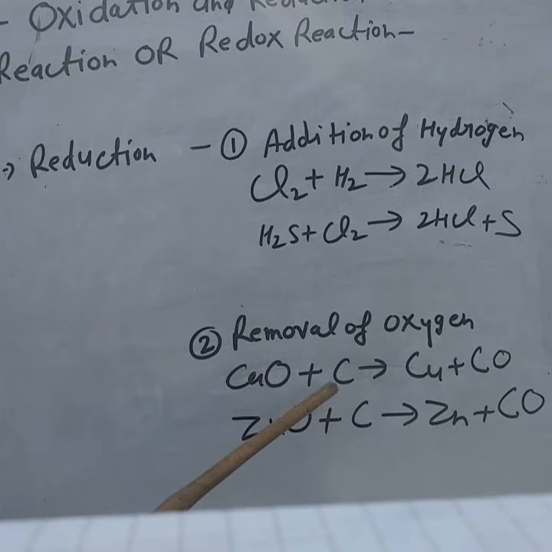And in the second example, copper oxide reacts with carbon; carbon removes the oxygen in this process and forms Cu plus carbon monoxide. So this process is called removal of oxygen, and both of these processes are called reduction.